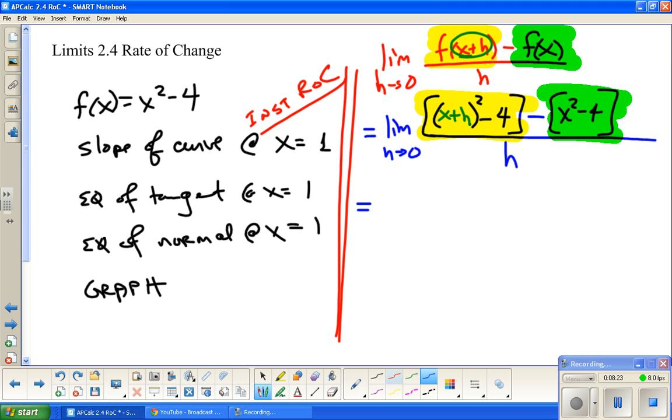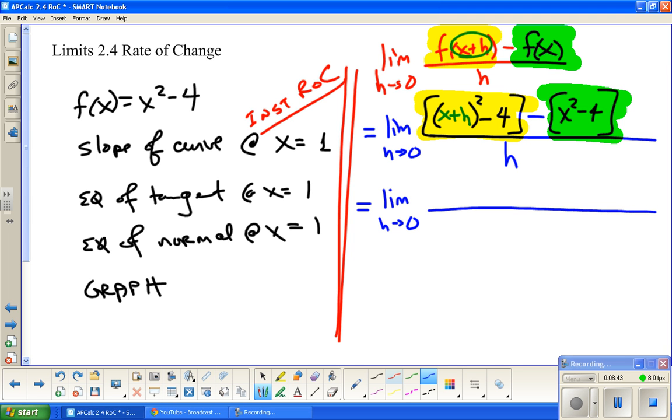Be especially careful if more than one x appears in the original function. This one's not too bad. Limit as h approaches 0. I'd prefer not to put the 1 in and do 1 plus h, because if I need to do multiple calculations later, I'd rather have an x there.